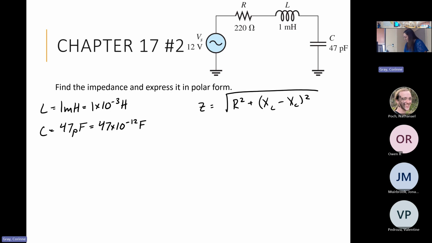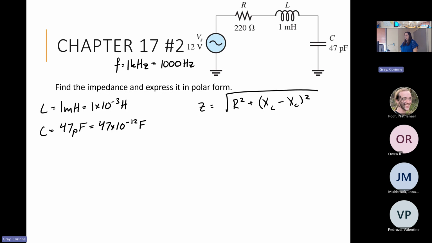One, okay. We're gonna say our frequency is 1 kilohertz, or how many hertz? 1,000 hertz. Okay. So we get to go through and we are gonna do it.